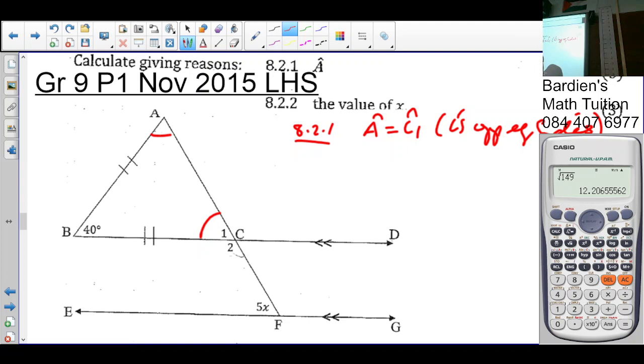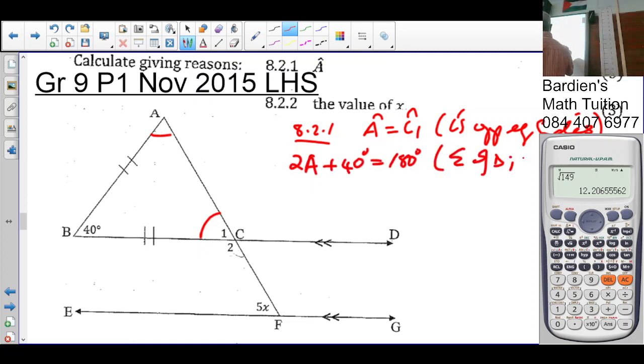Then we know that A plus C1, which is also A plus A, plus 40 degrees is equal to 180. Why? Sum of angles in a triangle. It's triangle ABC. So 180 minus 40 is 140. 140 divided by 2, A is 70. Not so? So A is 70 and C1 is 70.